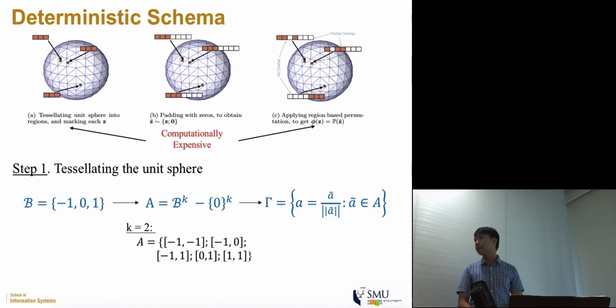And then you normalize all these vectors to get the set of tessellating vectors. And then based on this, you start partitioning the unit sphere. Then you just add 2 more values to this. So instead of having 5, you now have 4 to the power k minus 1.